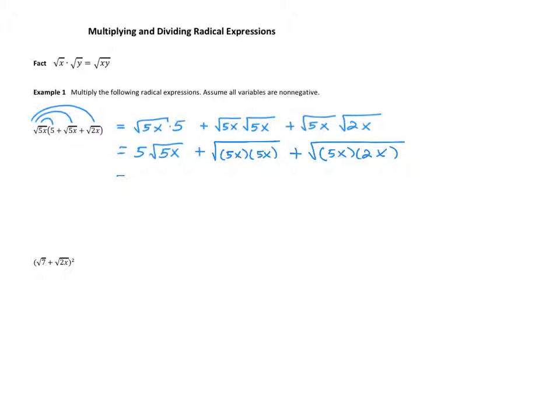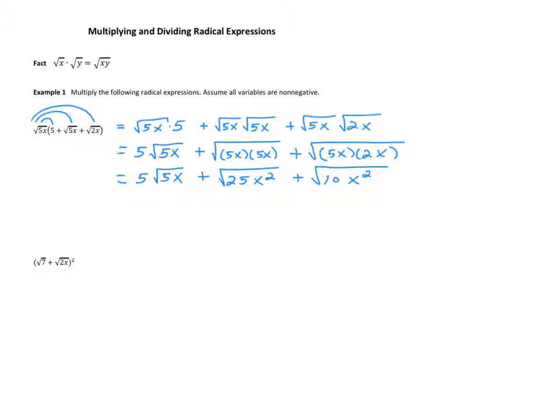All right, continuing, I think this can be simplified a little bit more, because for this very first square root with the product underneath it, this is really 25 times x squared. And similarly for the last one, that's 10 times x squared.